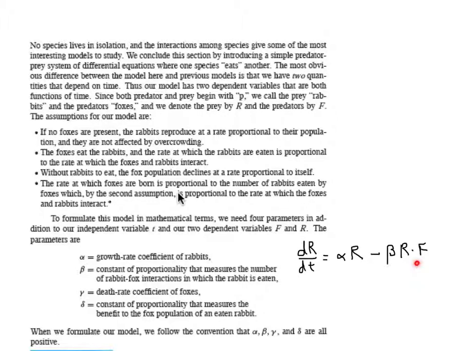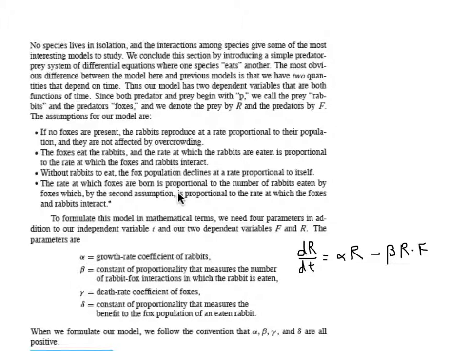So just because they see each other doesn't mean that a rabbit is eaten, but there'll be some constant of proportionality that will measure how often that happens when they see each other. So suppose r is 1,000 and f is 1,000, and that's 1,000,000, but we're not going to decrease our rabbit population by 1,000,000. Beta will be some decimal number that will correspond to how often rabbits are eaten when rabbits and foxes cross paths.